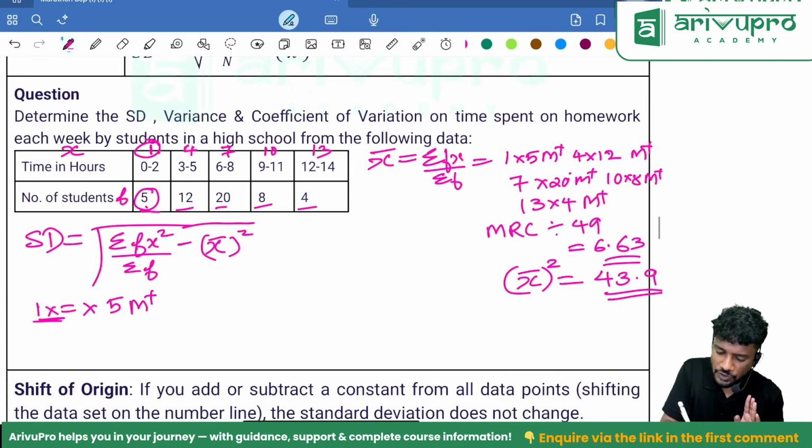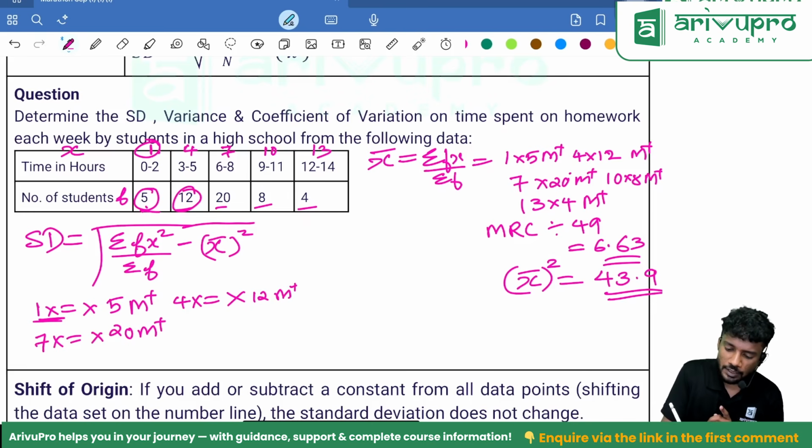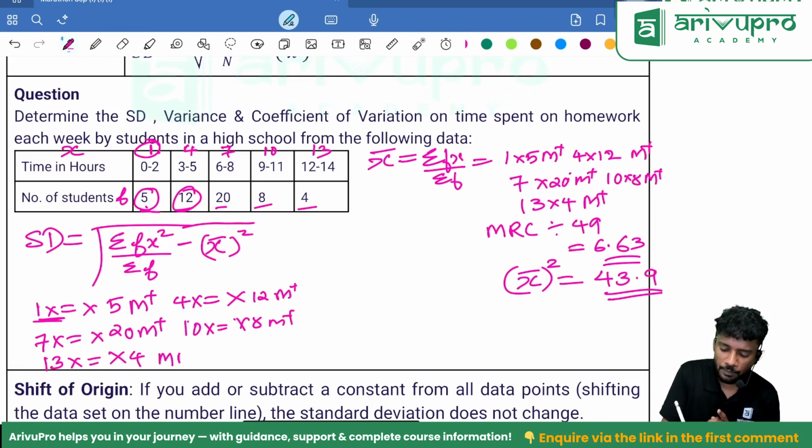M plus. Then the second one, 4 squared multiplied with 12, M plus. Then 7 squared multiplied with 20, M plus. Then 10 squared multiplied with 8, M plus. Finally 13 squared multiplied with 4, M plus.